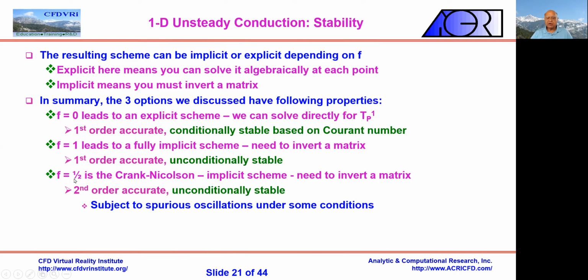Now, when f is equal to half, the Crank-Nicolson, it's still an implicit scheme. You still need to invert a matrix, but the main advantage is it's a second order accurate scheme and also unconditionally stable. It does have some drawbacks: at certain times, based upon various factors, nonlinearities and other things, it can give you spurious oscillations, right? But it will not blow up.